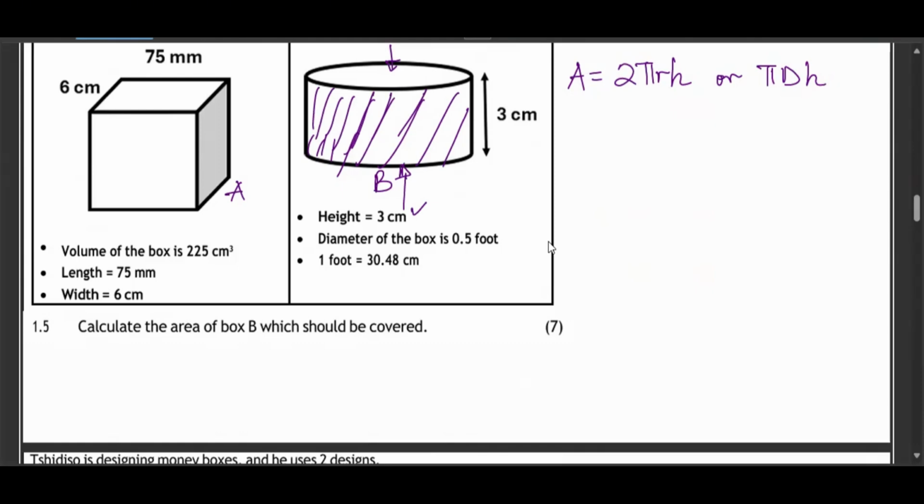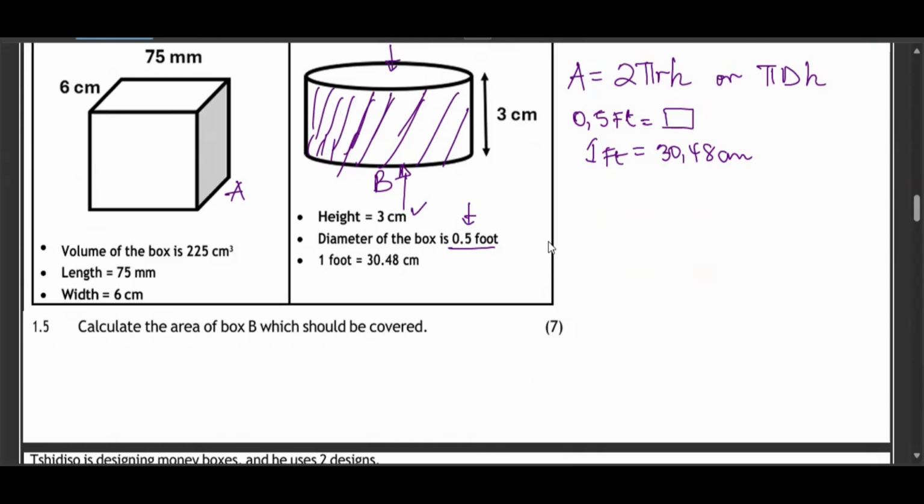They have told you the diameter is 0.5 foot. Yet 1 foot is 30.48 centimeters. So this foot here that we have, we're going to change it to centimeters. If 1 foot gives you 30.48 centimeters, what about the 0.5?